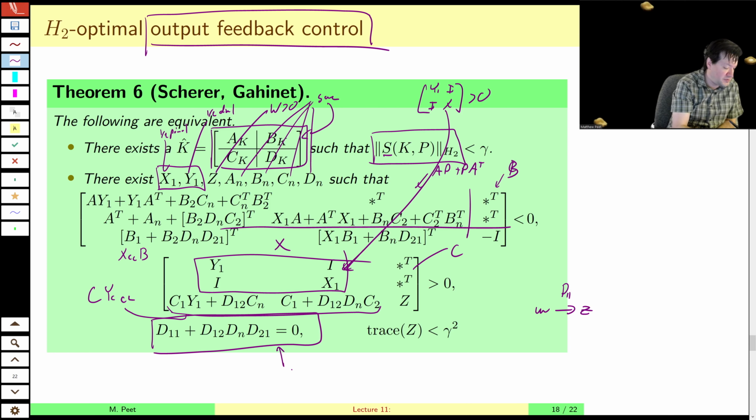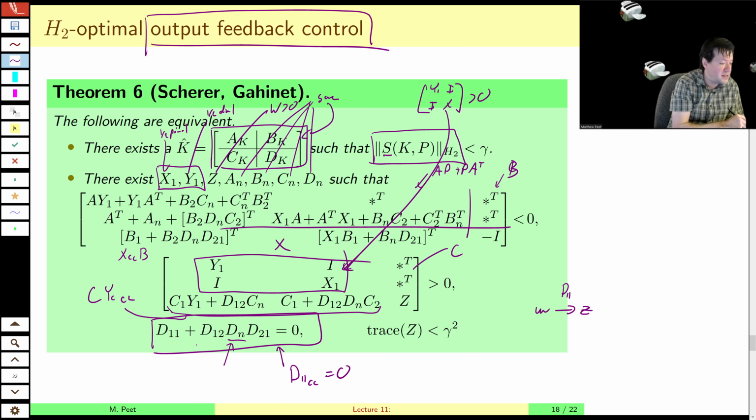So this enforces that D11 in closed loop is 0. So we have to add this additional constraint to our problem. Otherwise, because we can choose Dn, we might get some non-zero feedback term. So that's a problem, and it's such a problem that it's going to cause you problems if you try and do this in MATLAB.